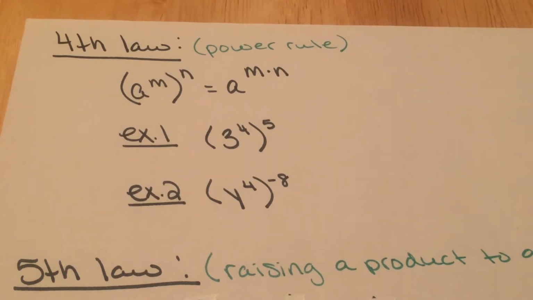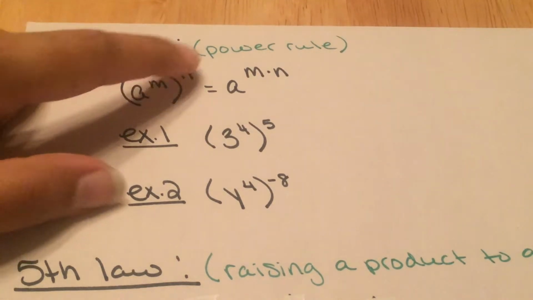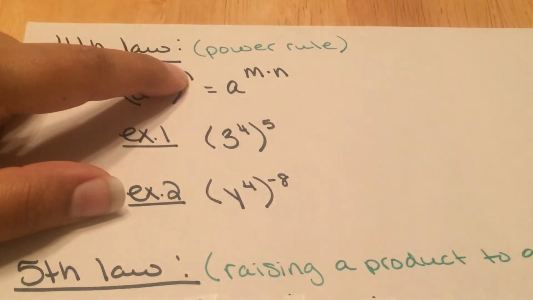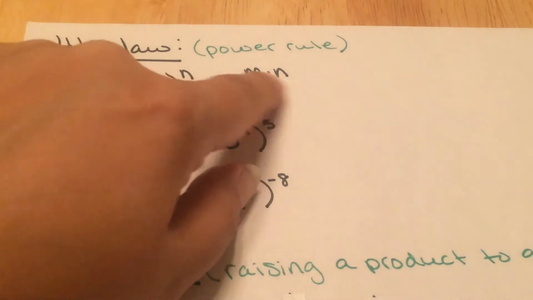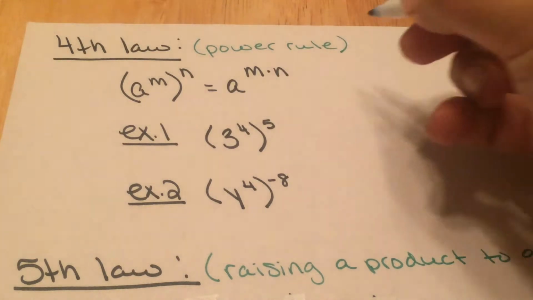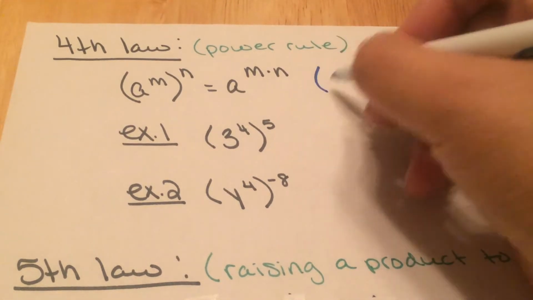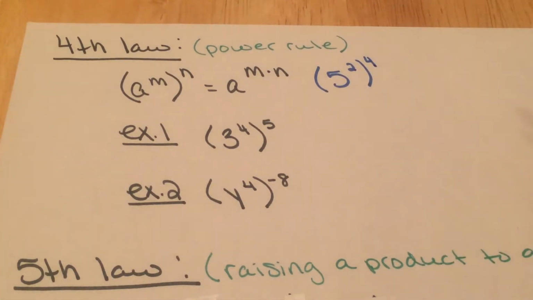And so when we look at this, what we notice is we have our power and we actually have an exponent of that. What that means is all we're going to do is keep that base and multiply our two exponents together. So what does that look like? It's going to look something like 5 to the 2nd power raised to the 4th power. So there's a couple of different ways we can see this.